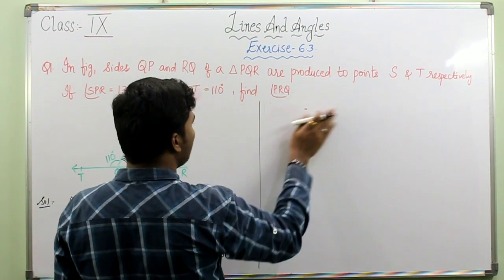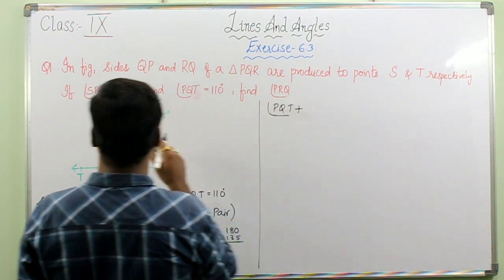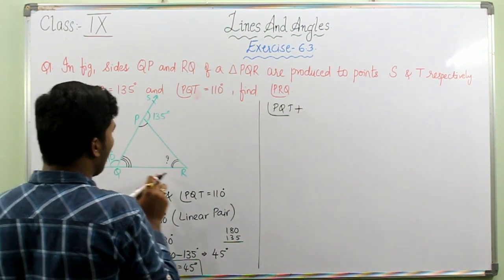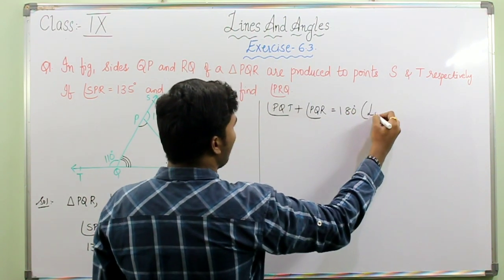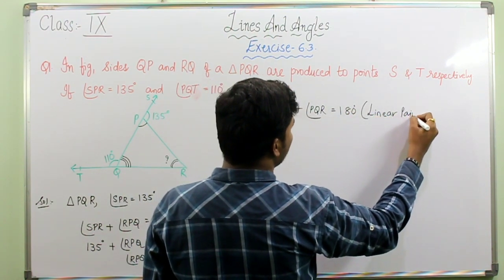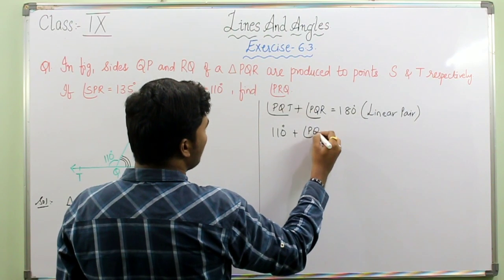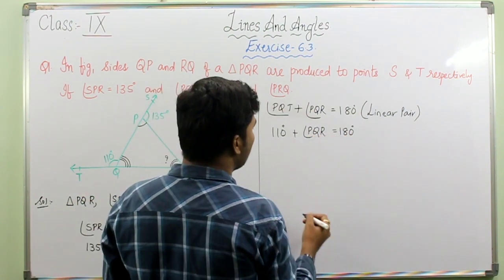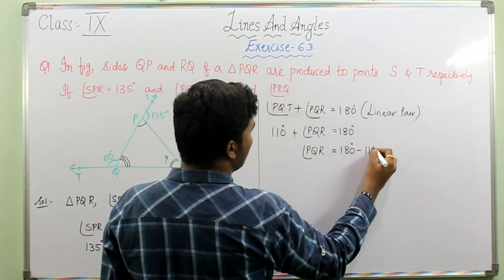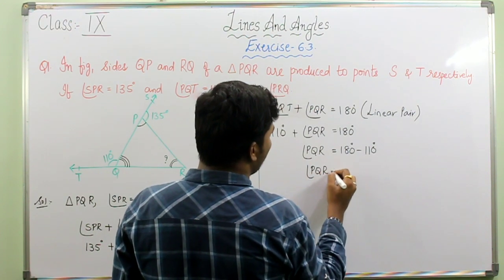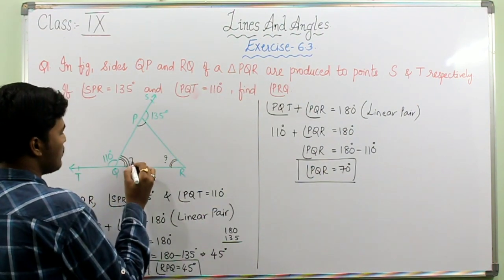Okay, let us write the same thing here, that is PQT plus PQR is equal to 180 degrees because they are forming a linear pair here. Okay, but PQT is given as 110, so 110 plus PQR is equal to 180 degrees. From that, PQR is equal to 180 minus 110, which is equal to 70 degrees. So we got PQR as 70 degrees.